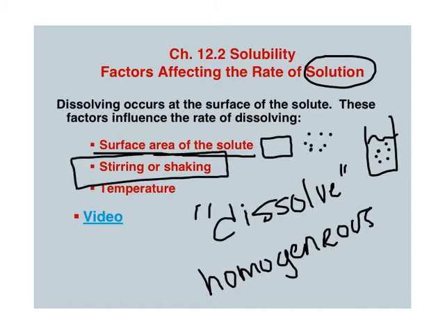Stirring or shaking, you need to write that in. Obviously we stir things because that helps it to dissolve faster. And we can heat it up. Anytime you're making sweet tea, you don't want to try to dissolve sugar into cold tea. It needs to be hot because that makes the particles move faster and opens up the surface area.